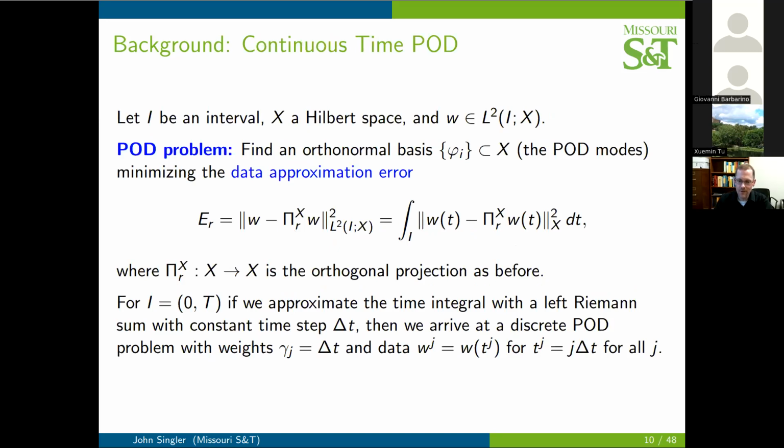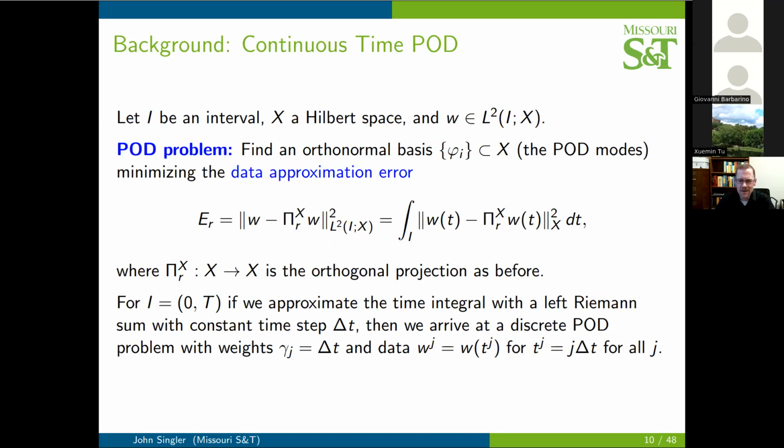All right, quickly, let me talk about continuous time. In this case, we'll have some time interval, though really it does not have to be a time interval. It can be some open set, in higher dimensions if you want, but I'll focus on time intervals here.